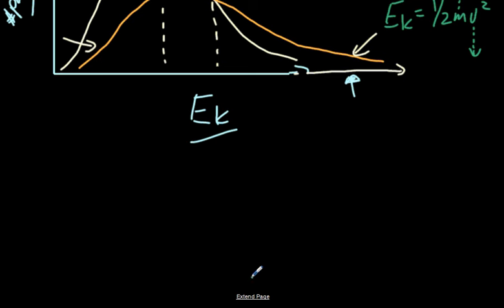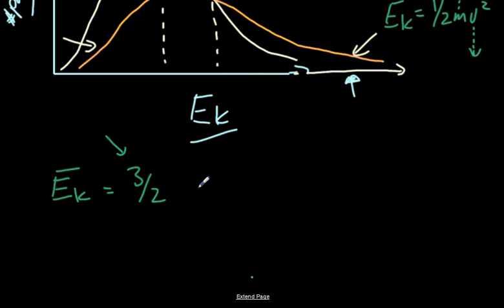Now, it turns out that there's an equation that talks about this, and that equation is this. It's EK bar. What does the bar on top mean again? Average EK is equal to 3/2. This has to do with the degrees of freedom that the particles are able to move in a gas.